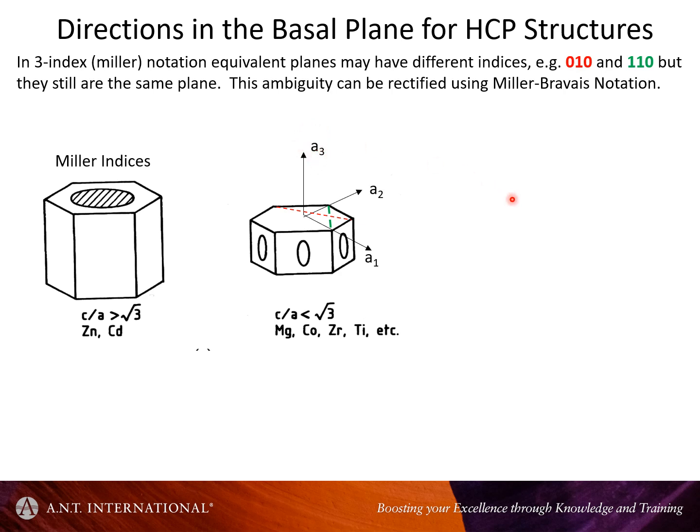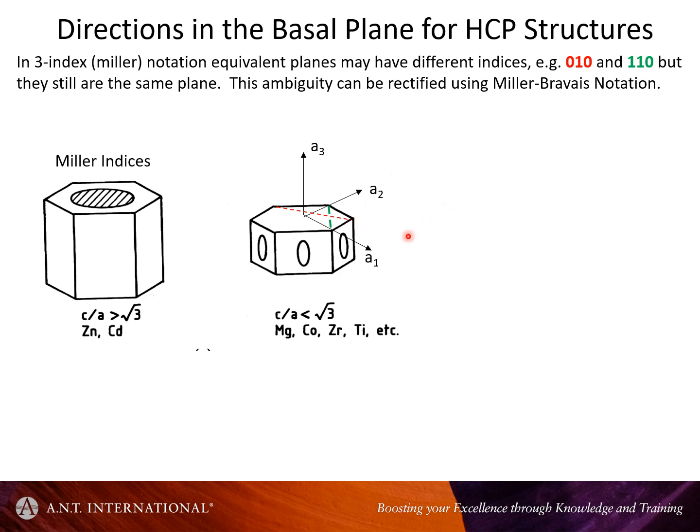Now, the problem with Miller indexing, which really still captures the hexagonal symmetry: if we have our A1 and A2 axes, which are separated by 120 degrees, they don't have to be Cartesian, they don't have to be right angles.